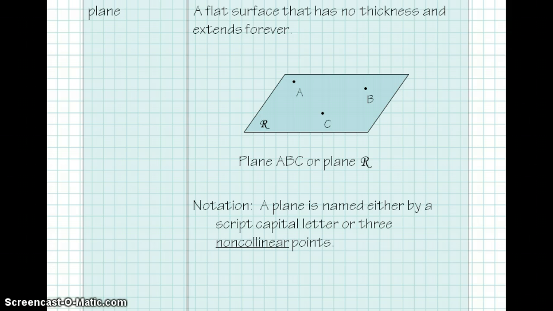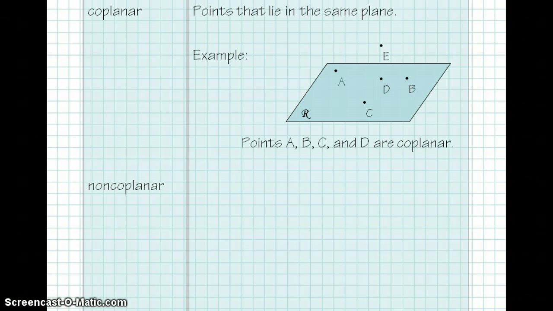Now if we're going to use 3 points, they have to be 3 non-collinear points, because if they're collinear, then we just have a line. We don't have a plane. So just like we had collinear and non-collinear, we have coplanar and non-coplanar. Coplanar points are points that lie in the same plane.